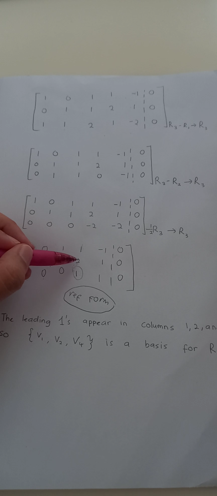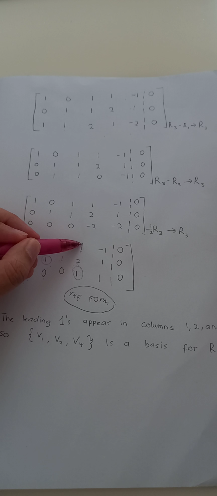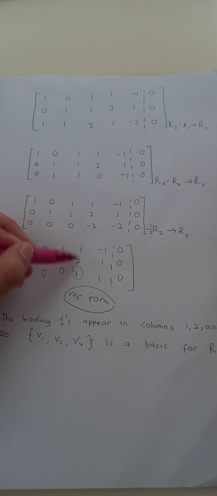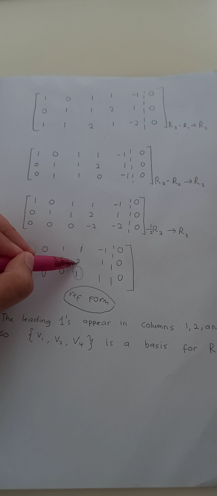But if the leading one has 0 for the above value in each column, we make it until we get 0, and therefore it is in RREF form. If there is a value, then we call it REF.